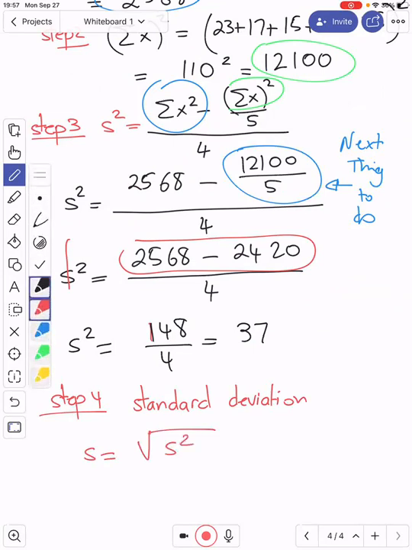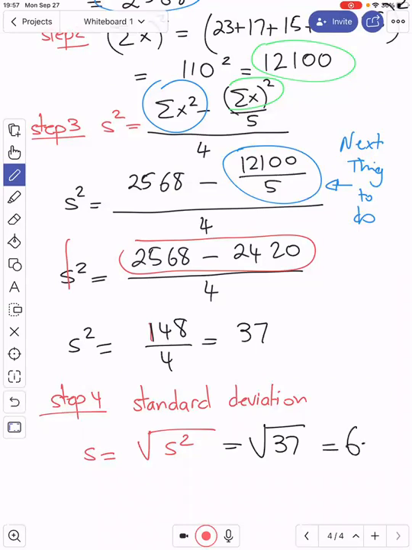So that will be the square root of 37, which I think is exactly the answer. This is 6.08.